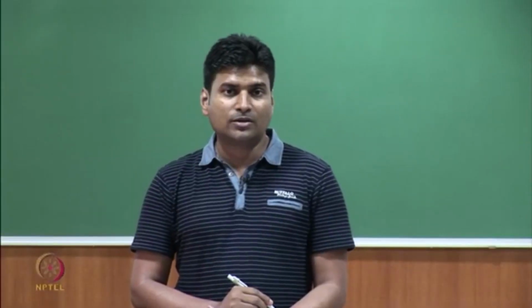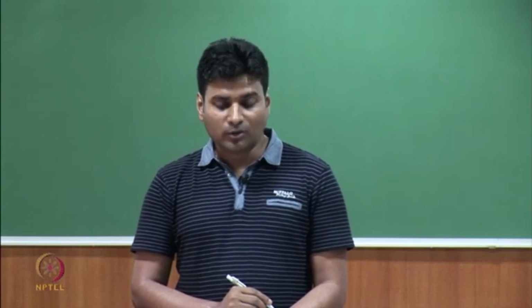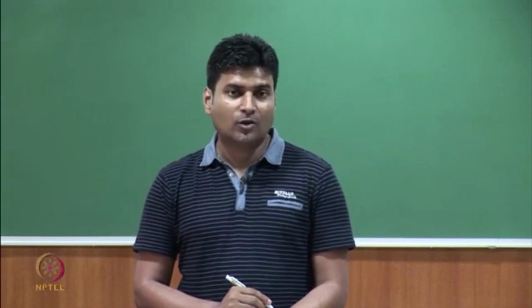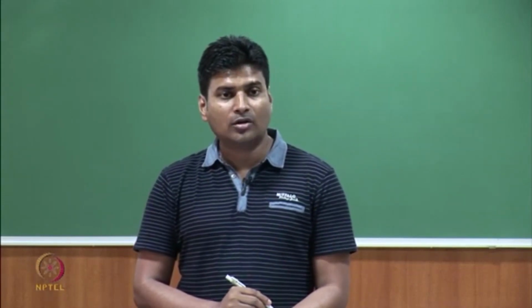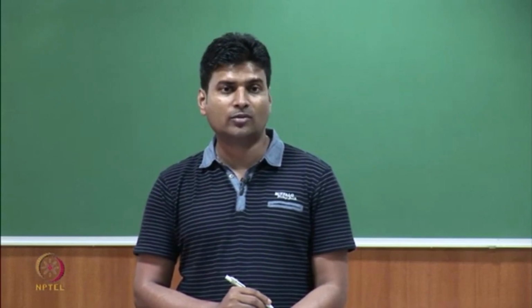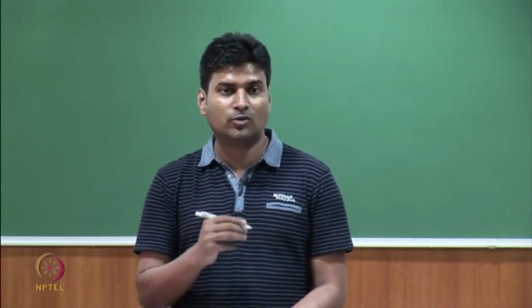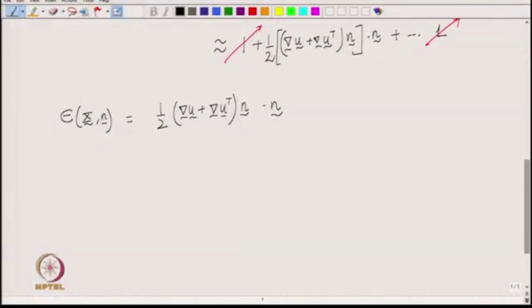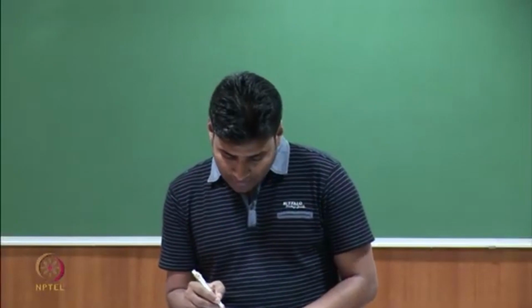Can we, for example, try to think what will be the longitudinal strain when the line element is along E 1, the direction of line element is E 1. So, n is equal to E 1. Then this tensor expression we have to write in the coordinate system of E 1, E 2, E 3, is it not. So, let us try to see what we get when we do that.